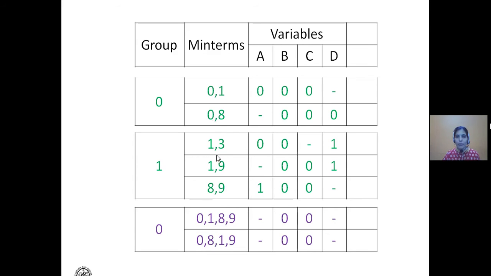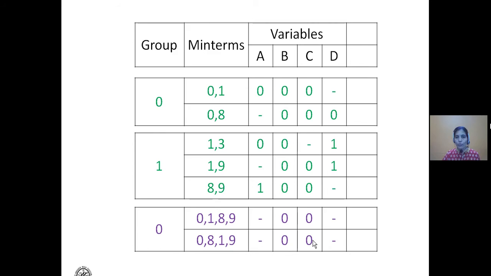Now 0, 8 is compared with the three rows in group 1. The first step is to match the dash. The dash is at A and it matches only with the pair 1, 9. The comparison shows that B is constant, C is constant, and D changes from 0 to 1. So only one variable changes after the first dash is found matching.